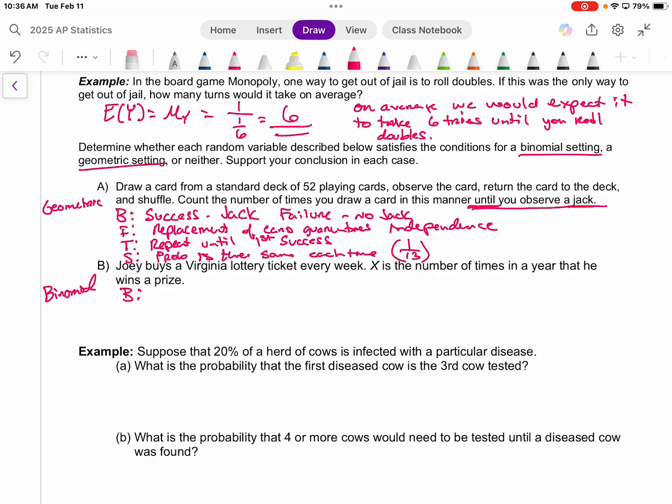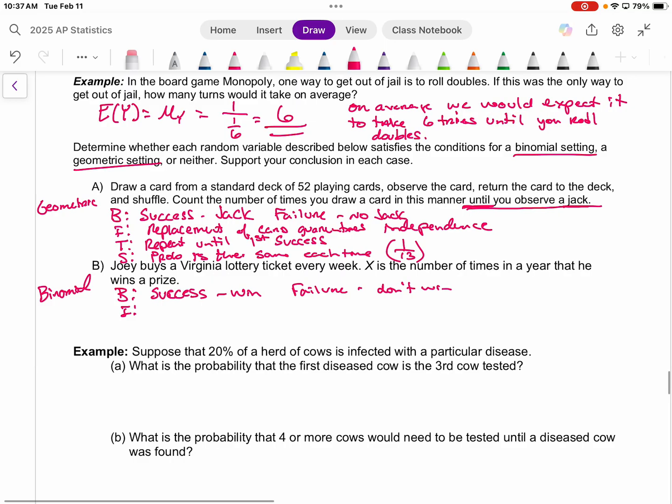My B, binary. A success: I win. Failure: don't win. That's better than saying lost. So, I. Well, it should be independent because whether I win one week doesn't affect whether I win the next week, because picking a lottery ticket has no effect on the other.